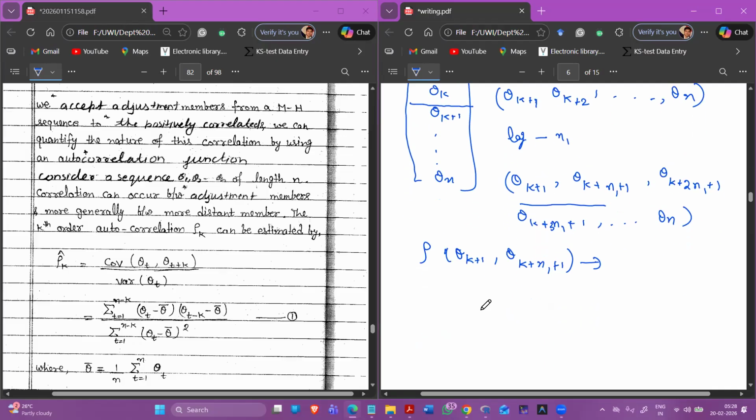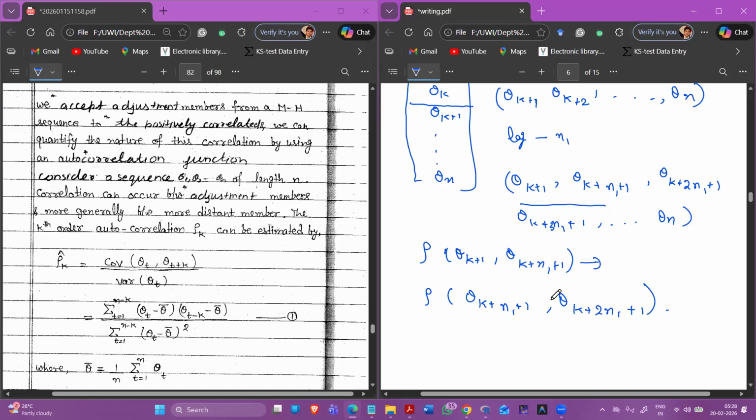After that, I need to find out the autocorrelation between theta k plus n1 plus 1 and theta k plus 2 n1 plus 1. That's how I need to find out the autocorrelation between the values.